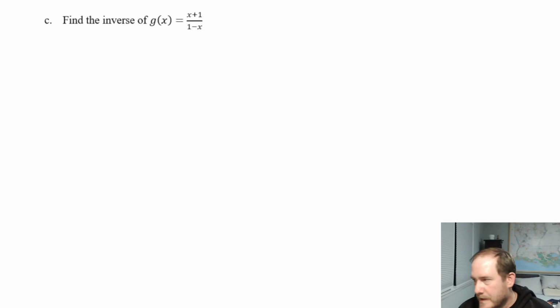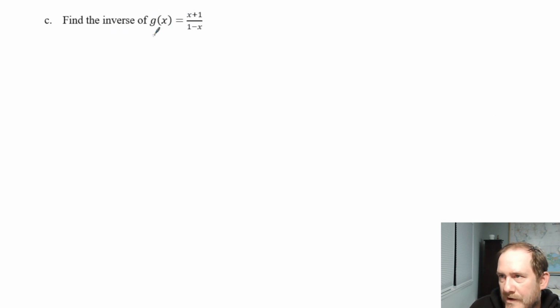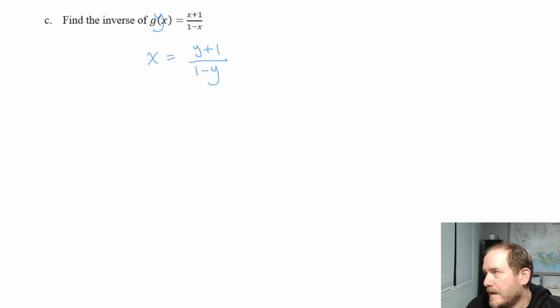All right, anyway, to find the inverse of any function in the world, you're going to just kind of invert the x and y variable. So if g of x is the fancy way to say y, then turn that into x. And all the x's turn into y's, so this is y plus 1 over 1 minus y. That's the initial setup for any inverse.